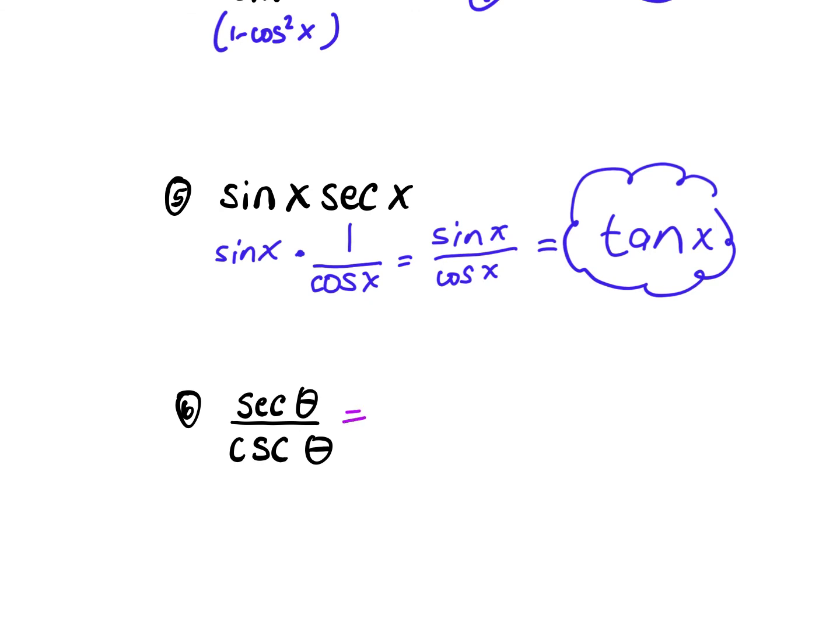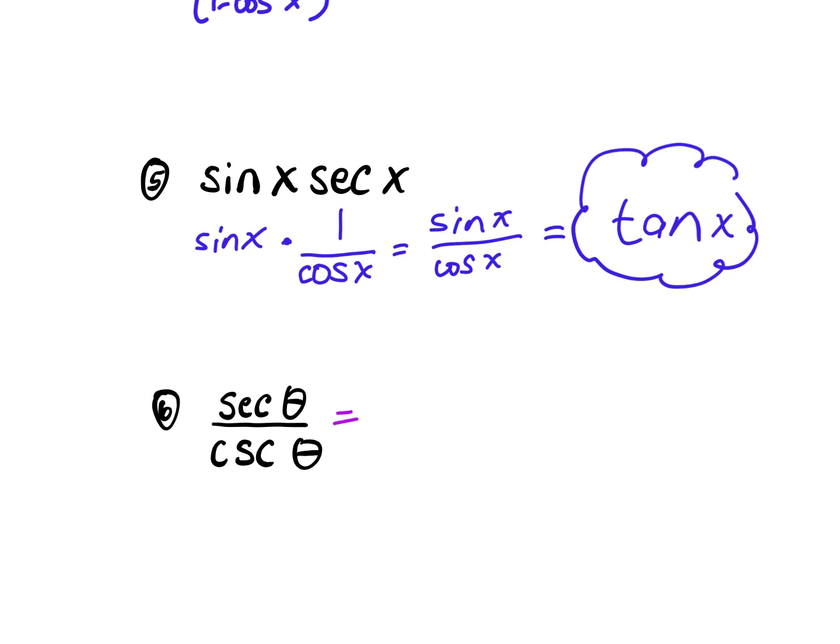All right, again, here we go. Secant. What's secant the same as? 1 over cosine. Perfect. What's cosecant the same as? 1 over sine. I have 2 fractions that I'm doing what to? So we're going to keep, change, flip, right?